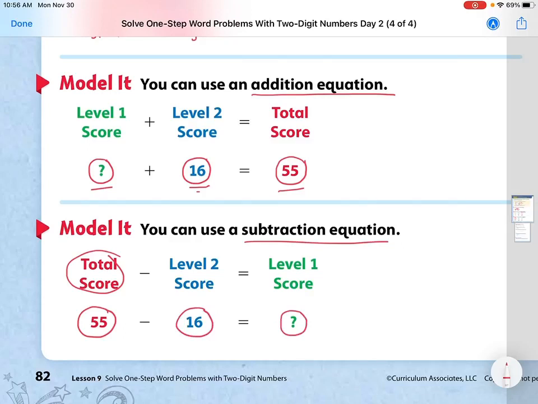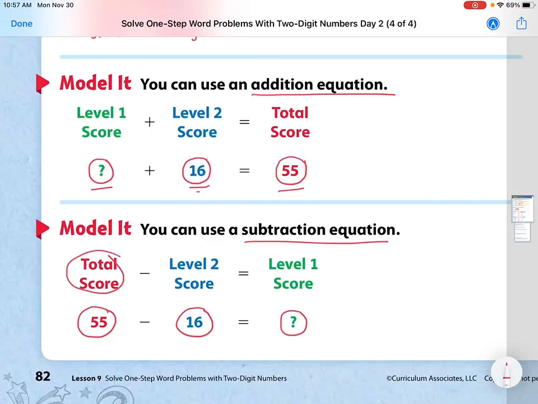Okay, so those are two different equations that we could use to solve the problem. Now, something I'm wondering: I really like to use the counting up strategy, and I like to make the open number lines where I'm adding up and counting up.